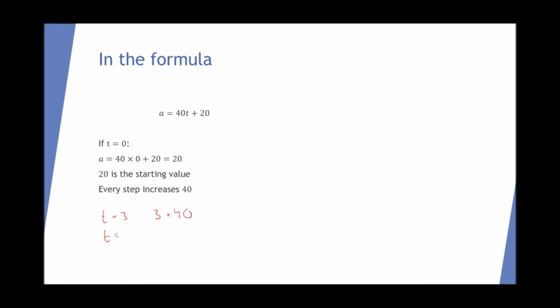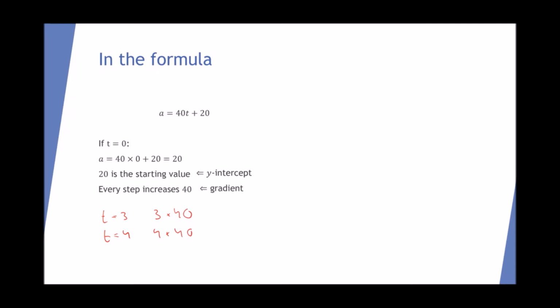But if t is 4, we do 4 times 40, we add another 40, etc. So 40 is the step, is what we add every time t becomes larger. So that means that this starting value, the number we start with, that is actually our y-intercept. And what we increase per step, that is our gradient.